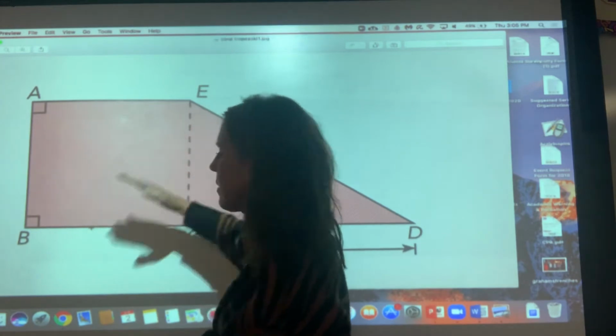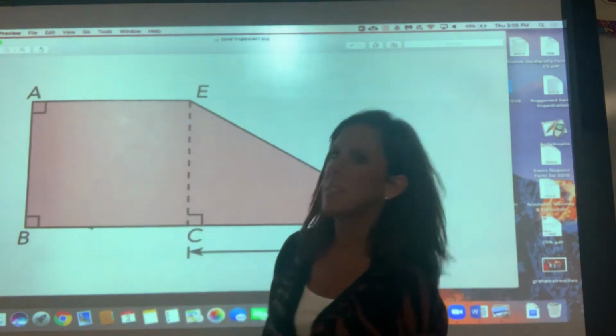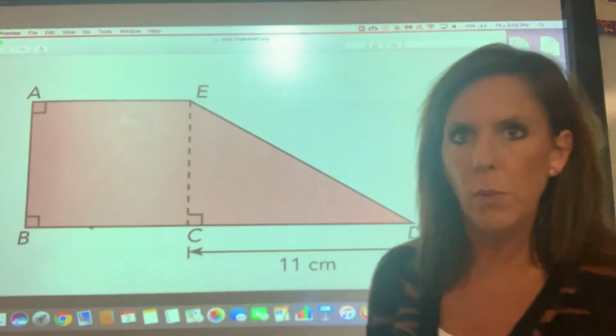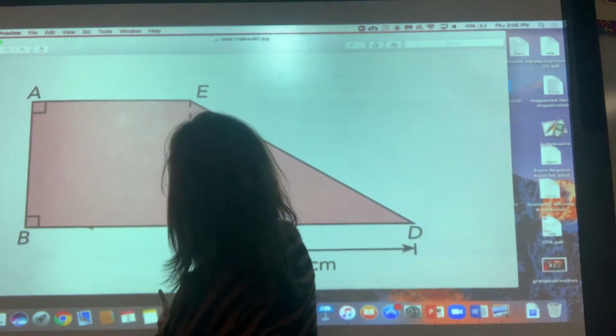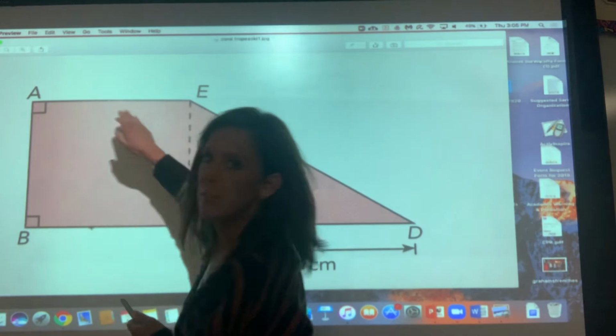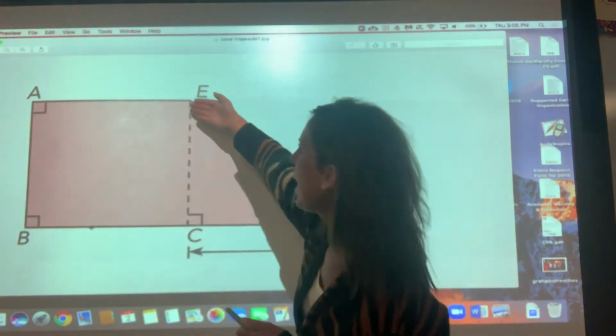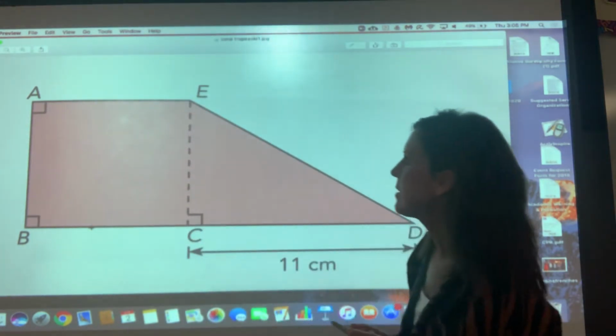So what number times itself equals 64? 8. So 8 would be all of the sides of this square, which means that the height of the triangle is also 8.